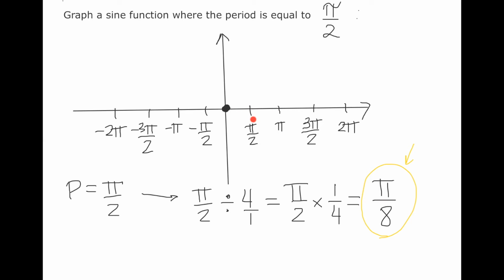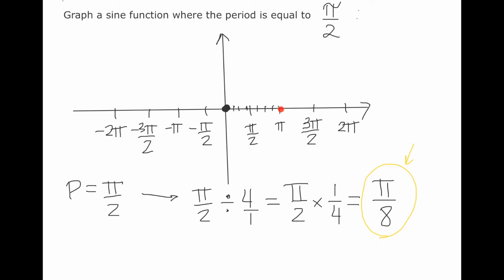Another half of this distance would be pi over 4, which means that for pi over 8, let me do little tick marks over here. This would be pi over 4. And for pi over 8, I have to divide pi into 8 little pieces. So each one of these little pieces is pi over 8.